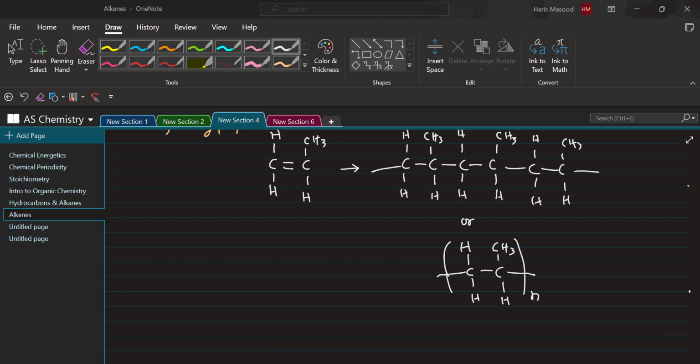So now we have completed alkenes. Let's look into some of the past papers of it.